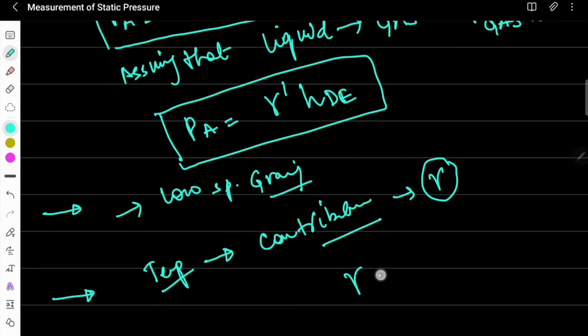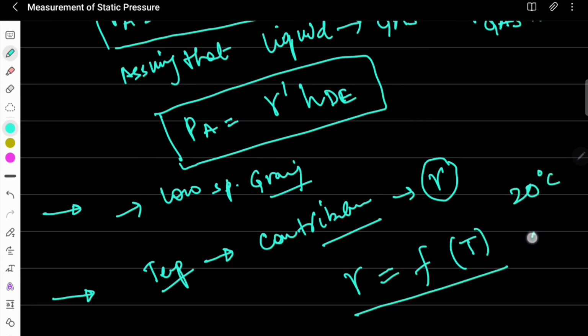So we can write that gamma is a function of temperature. If you take the example of 20 degrees Celsius and 50 degrees Celsius, the liquid will have two different specific weights, and once the specific weights are different, the rise will also be different.